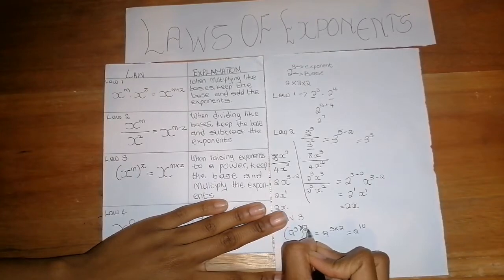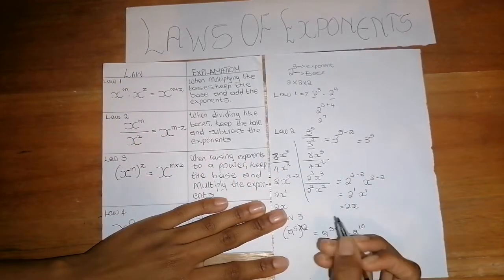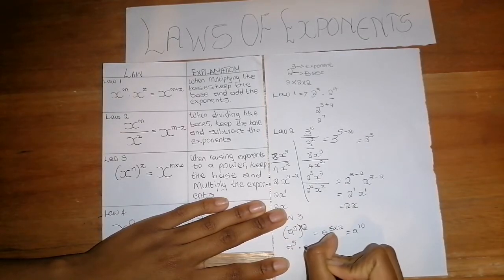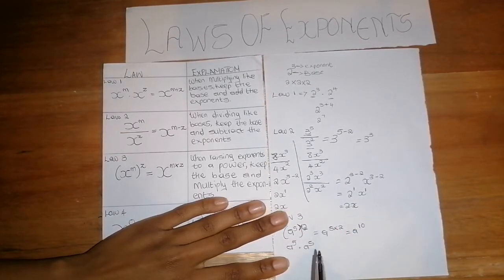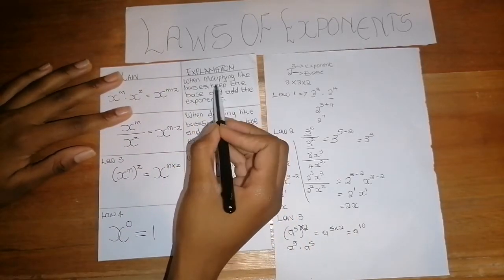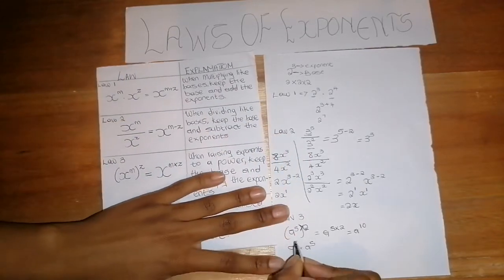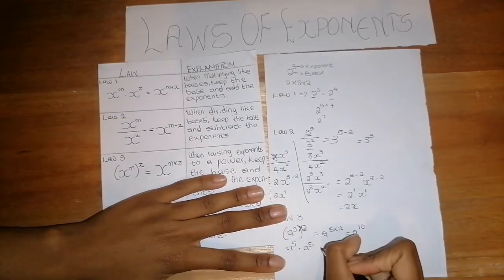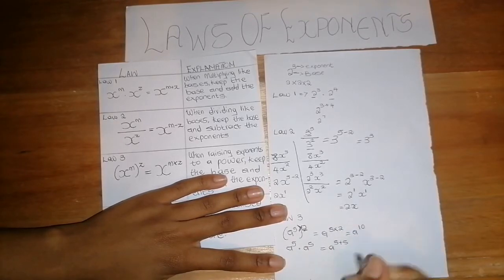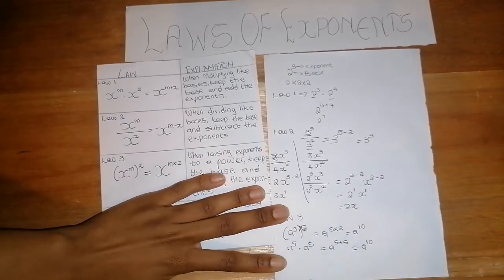So this 2 tells us that a to the exponent 5 must multiply itself twice, so we have a to the exponent 5 times a to the exponent 5. The first law of exponents says that when multiplying like bases, keep the base and add the exponents. So it equals a to the exponent 10.